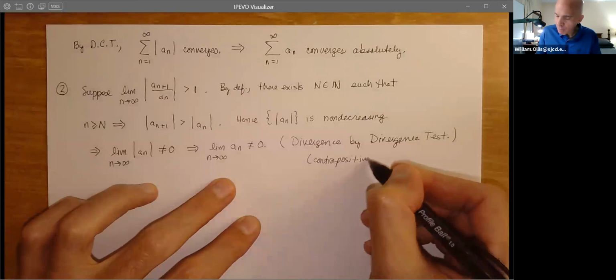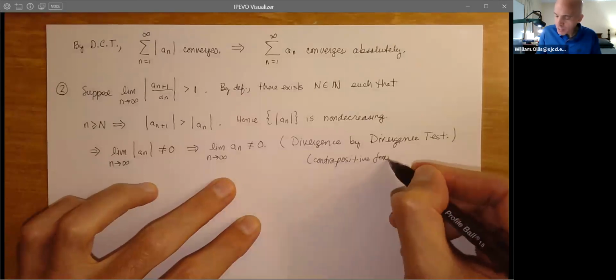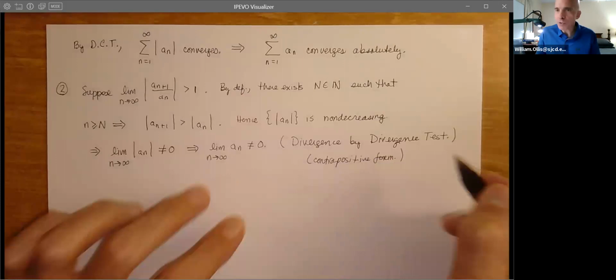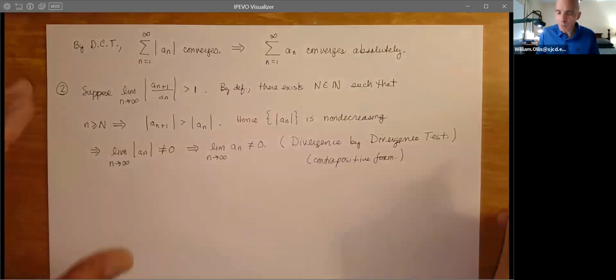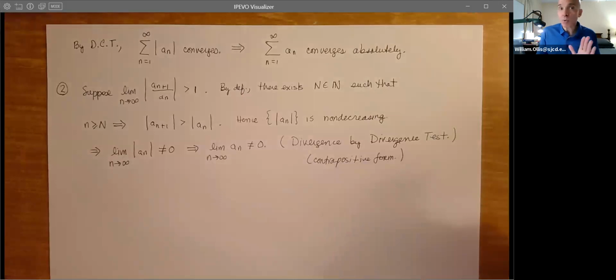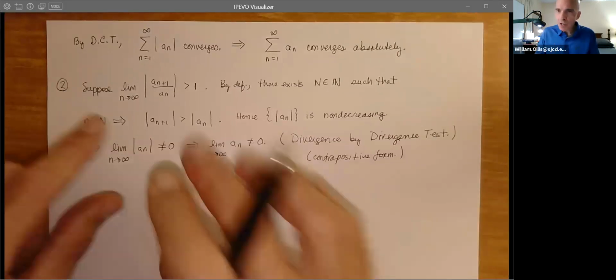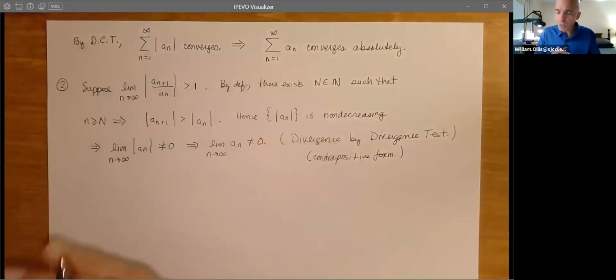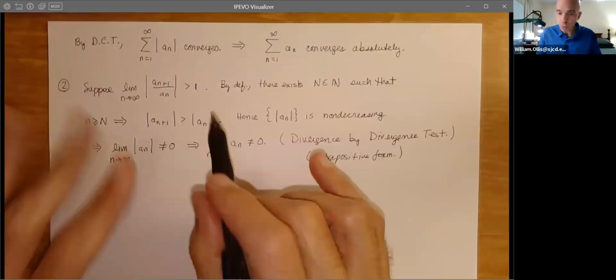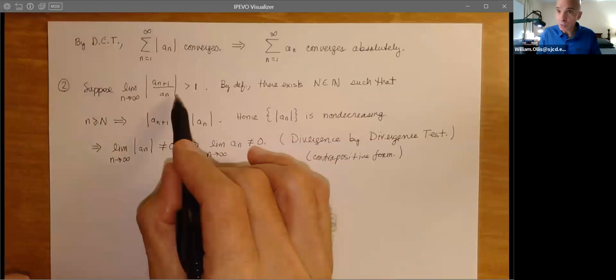This is a very important series test, the test for divergence, that saves you from having to do any great amount of work. And when it's there, you take advantage of it. So this was easy. This didn't require the geometric series and all that arithmetic. This just required looking at the fact that eventually this will be true if this is true.